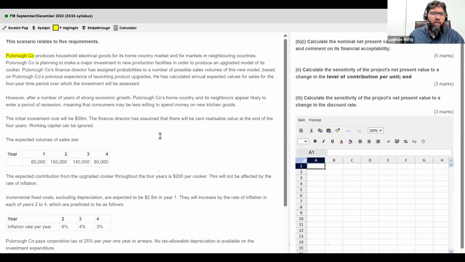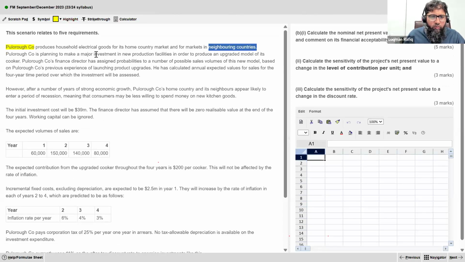Okay, let's begin. It says Poloro company produces household electrical goods for its home country market and for markets in neighboring countries. Poloro is planning to make a major investment in new production facilities in order to produce an upgraded model of its cooker. Poloro's finance director has assigned probabilities to a number of possible sales volumes of this new model, based on Poloro's previous experience of launching product upgrades.